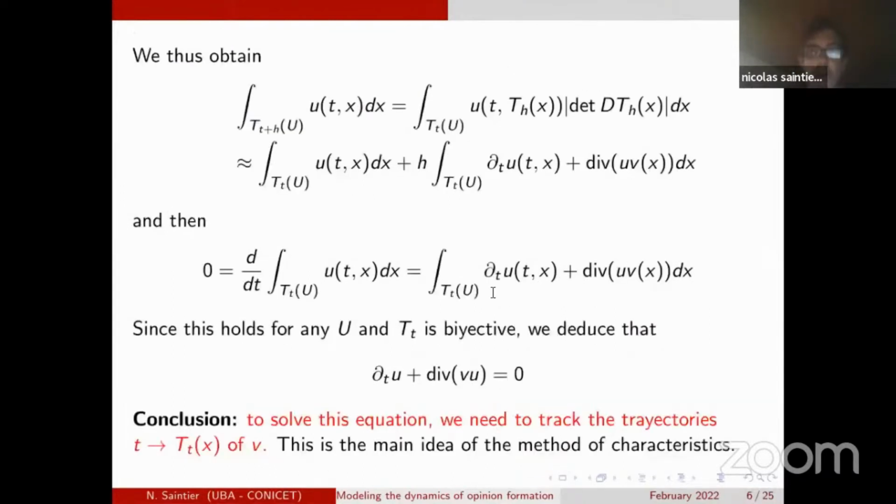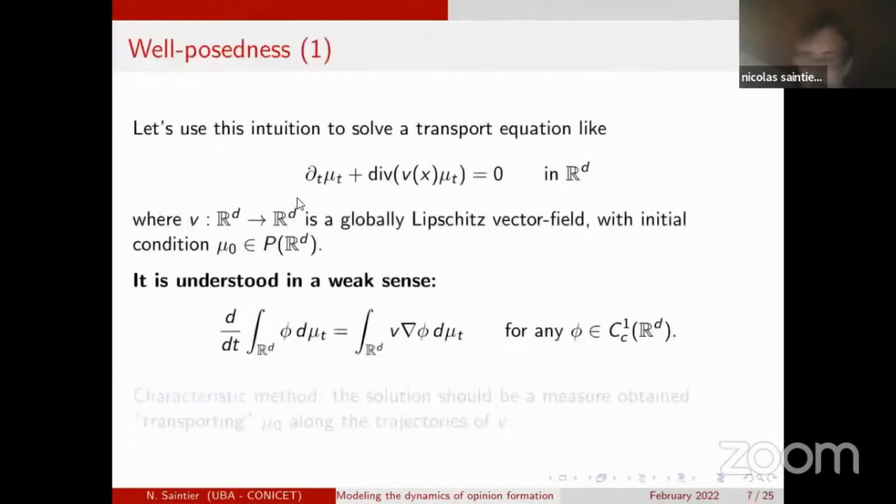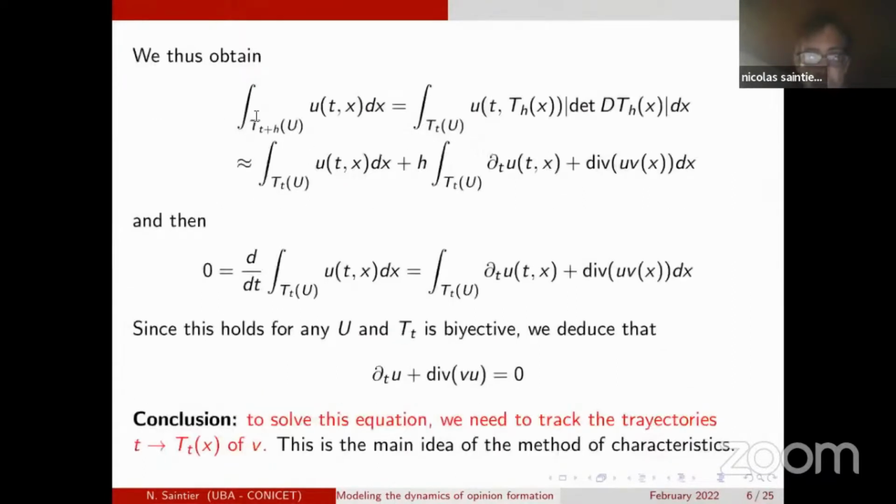We come back to our expression, which was this one. And since now we know how to expand this, we've got this, right? And then we've got the Taylor expansion of this integral.